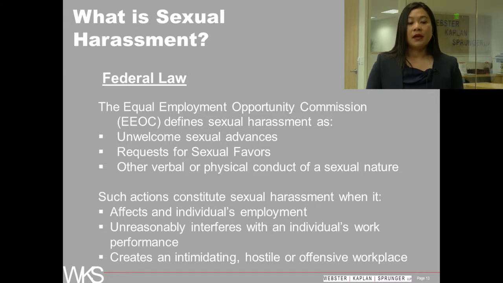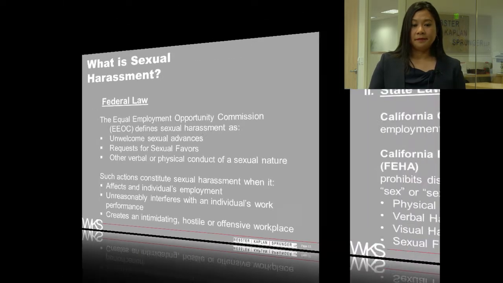The EEOC has also provided that such actions constitute sexual harassment when it affects the individual's employment, unreasonably interferes with an individual's performance at work, and creates an intimidating, hostile, or offensive workplace.